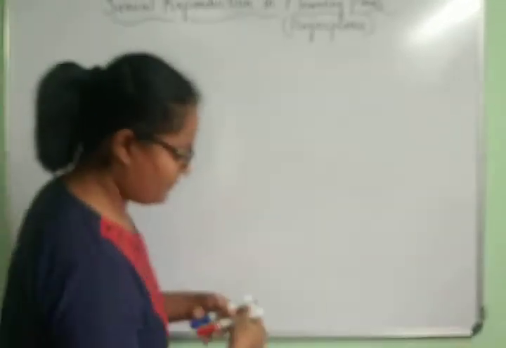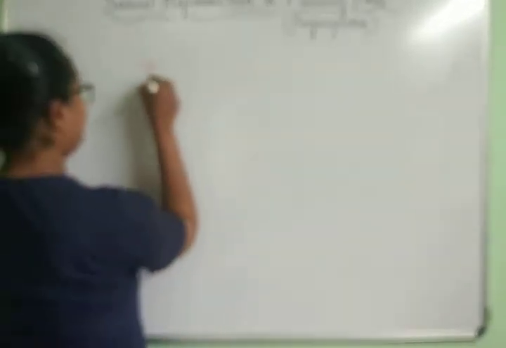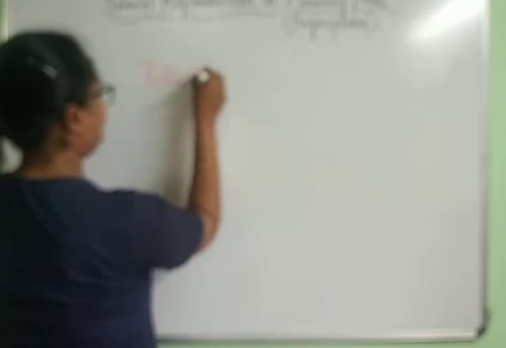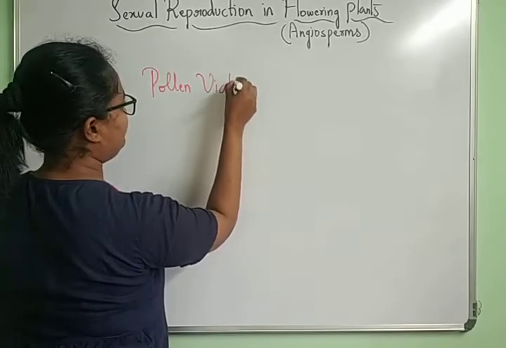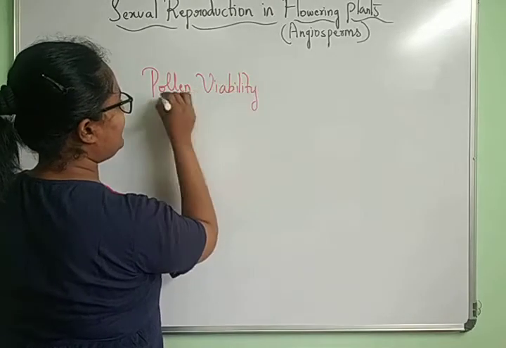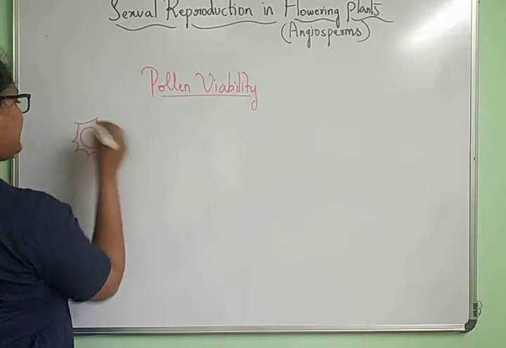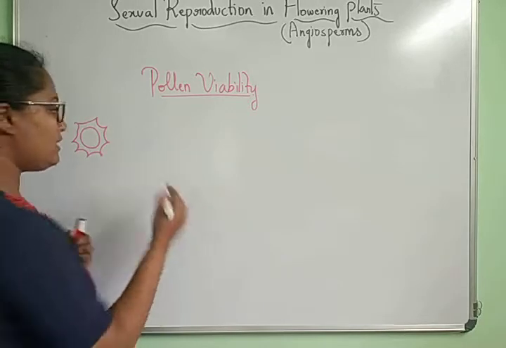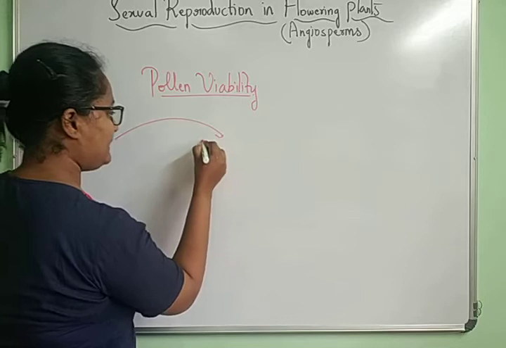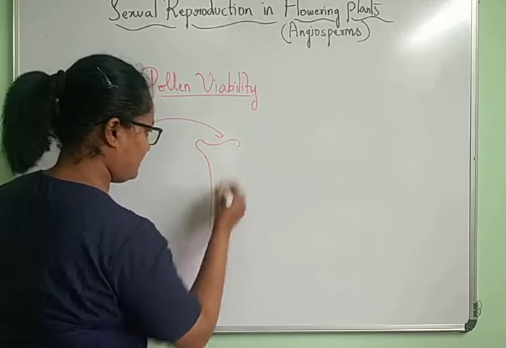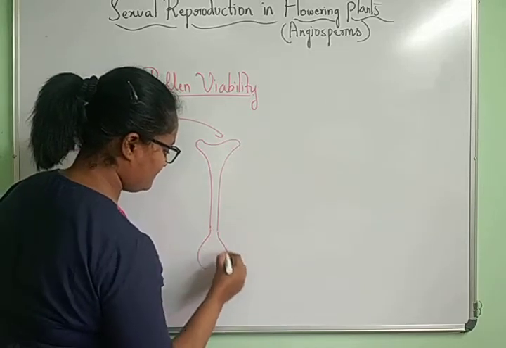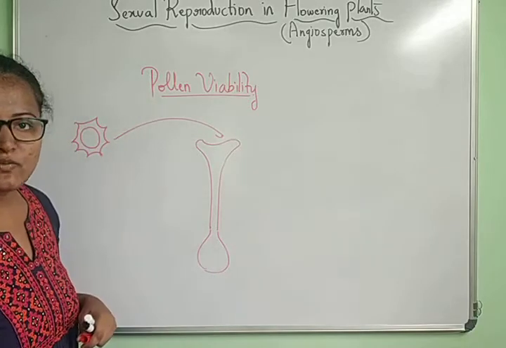So now we are going to study pollen viability. Any pollen grain, after its dehiscence, has the function of going and residing on the stigma of the gynoecium for the fertilization process.